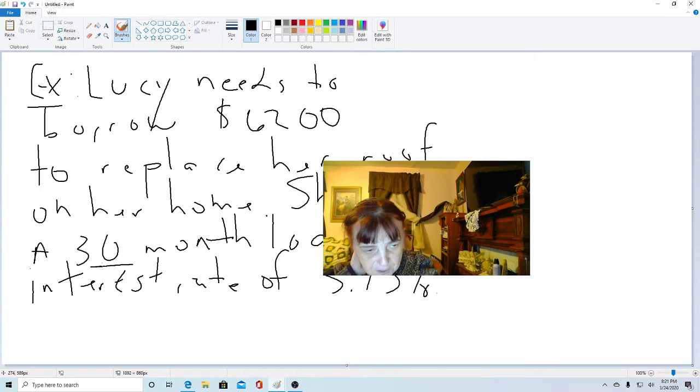Okay, it's 30 months. It's 5.75%, so she needs to borrow $6,200 to replace the roof on her home.